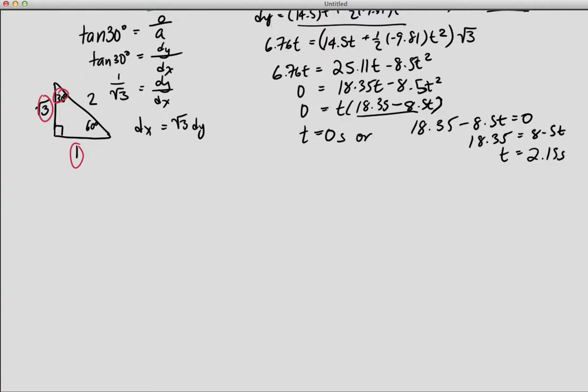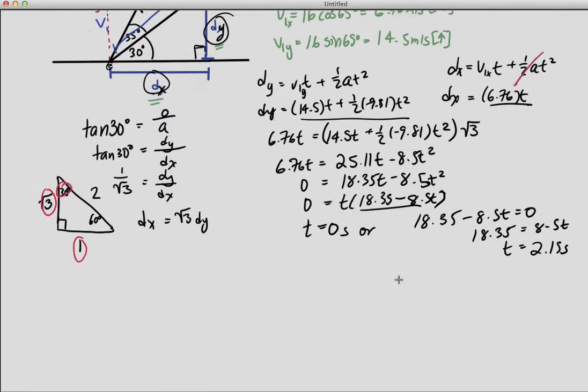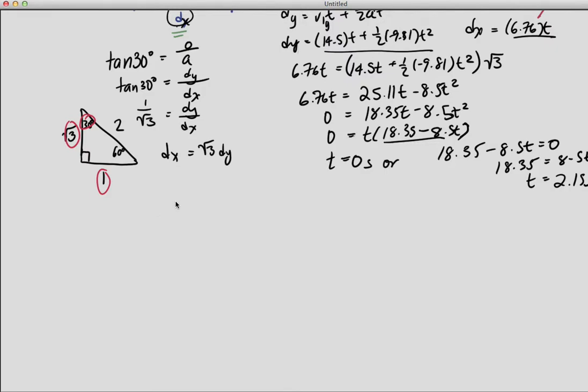Now that we have t, we can replace it in one of our other equations. So I'm going to go ahead and put it in this equation, and we can write dx is equal to 6.76 t, and rewrite t as our 2.15. And we get a value for dx. That value is 14.5 meters.